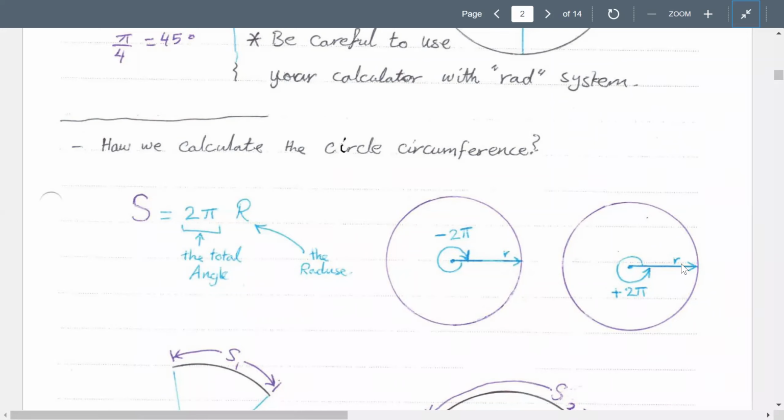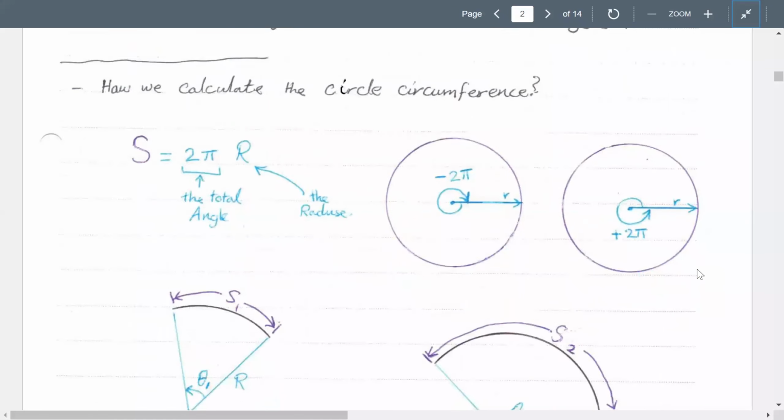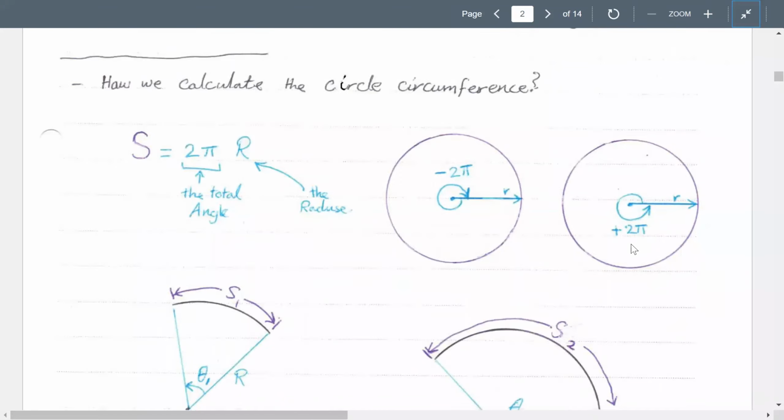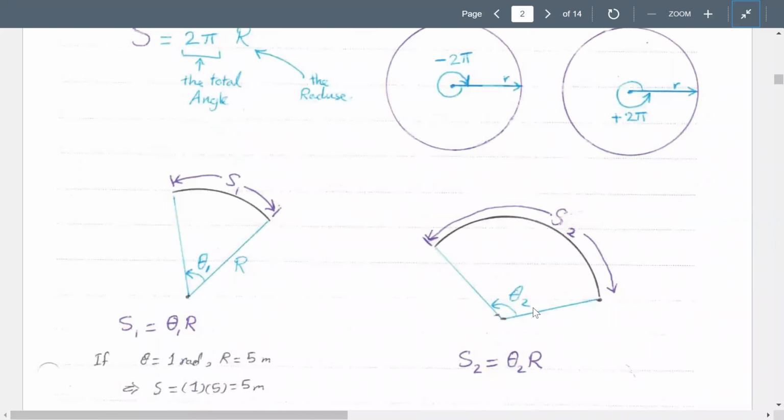Now, this is the radius of the circle. So the radius of the circle multiplied by the angle in radian will give us the circular circumference, okay?